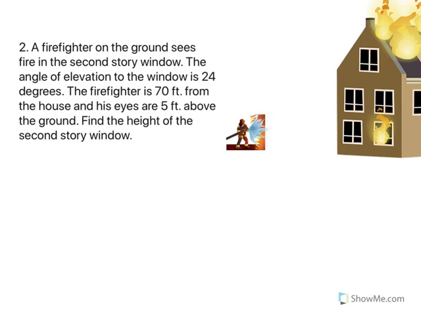So here's my firefighter and here's the house. First piece of information it tells us is the elevation to the window. So to draw an angle of elevation, first we need a horizontal and then him looking up at the second story window. And this angle of elevation from his horizontal line of sight to looking up at the window is 24 degrees.